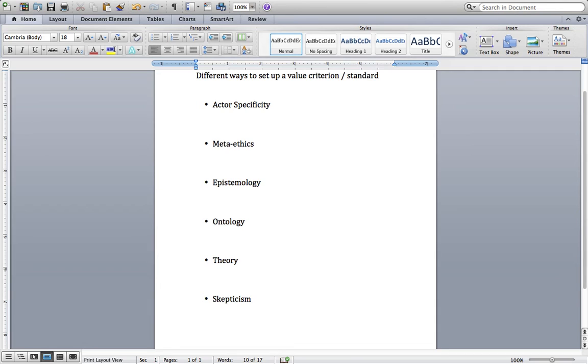And so these are several different objective methods in which you can conclude that the standard is X as opposed to Y, that the standard is staying consistent with the principles of practical reasoning as opposed to maximizing happiness, or the standard is staying consistent with principles of reasonable rejection as opposed to staying consistent with practical reasoning. Does that make sense? Yep. Cool.